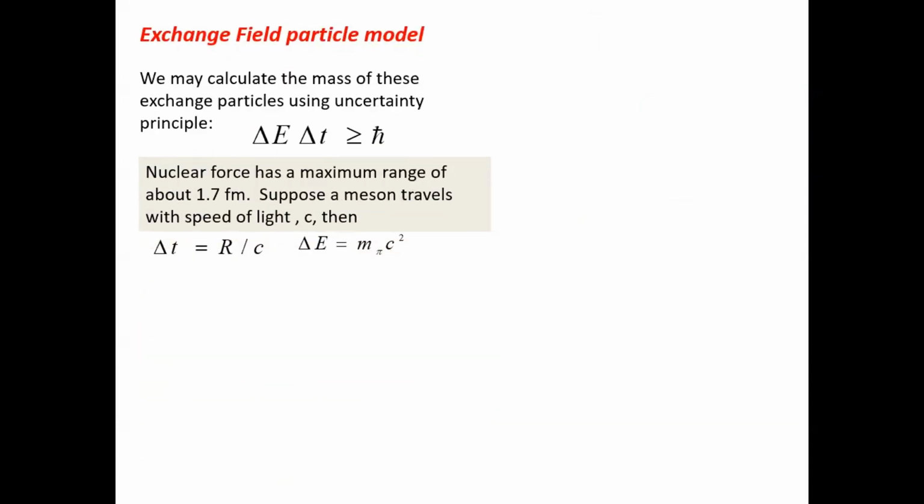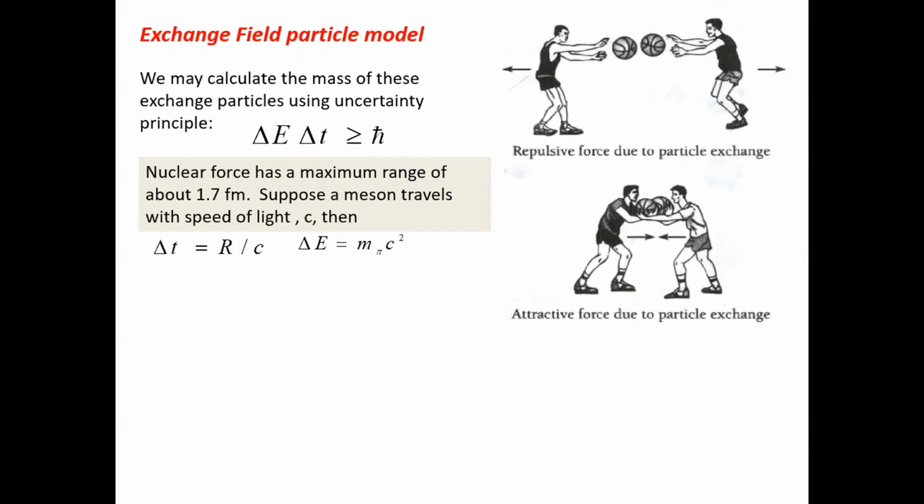We can calculate the exchange particle masses using the uncertainty principle. Here we see that a repulsive force due to the particle exchange can be like this, where the balls are being thrown or repelled.